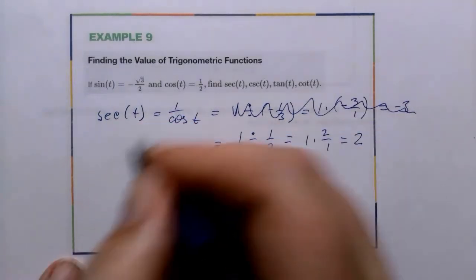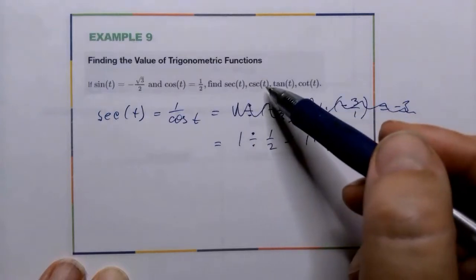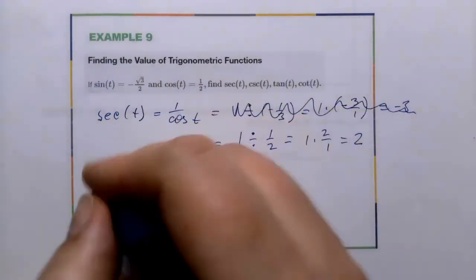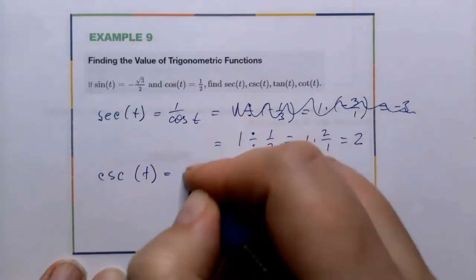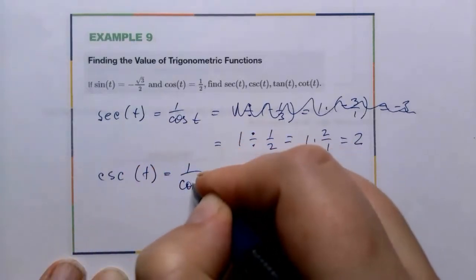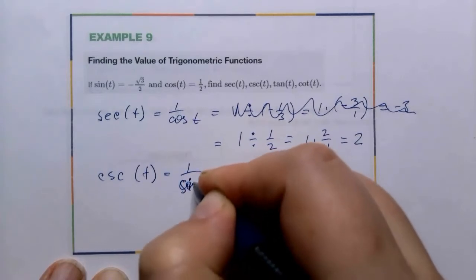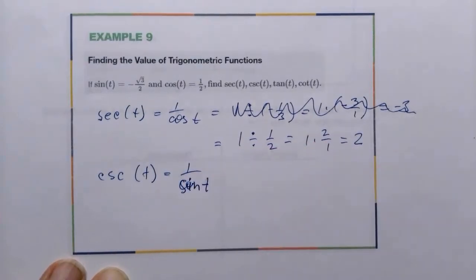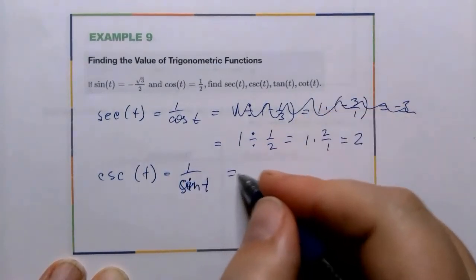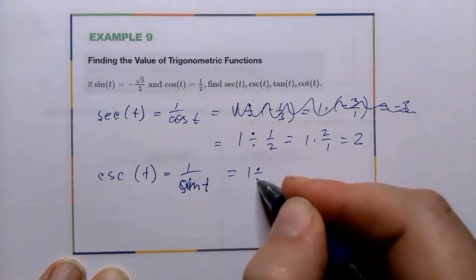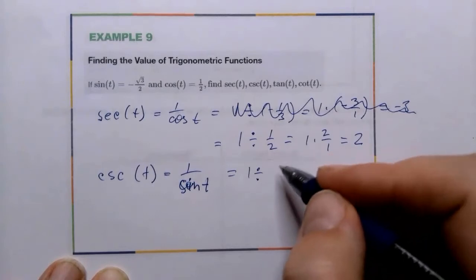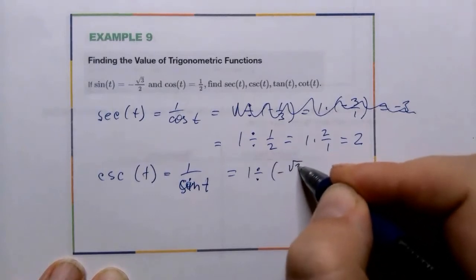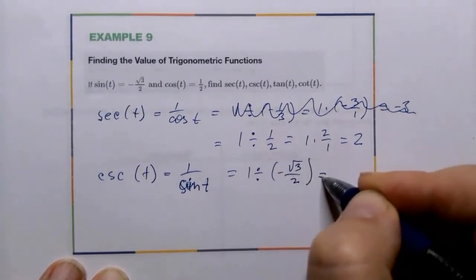For the next one that I asked for is cosecant. So cosecant is 1 over sine t. So we have 1 divided by, let me read this value closely, -√3 over 2.